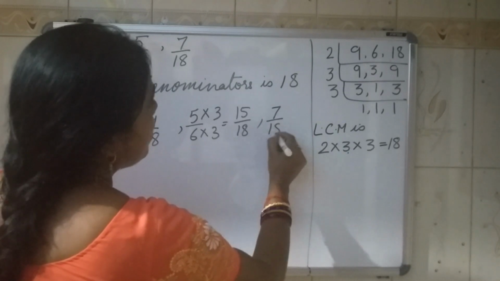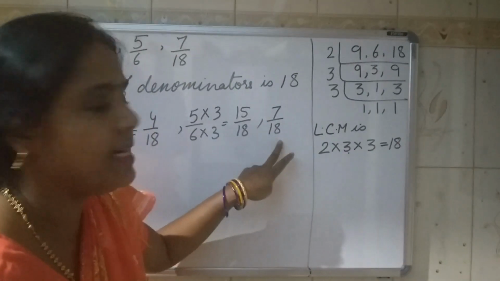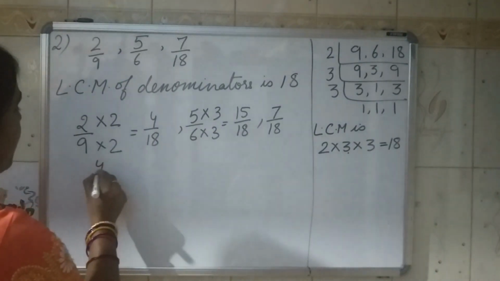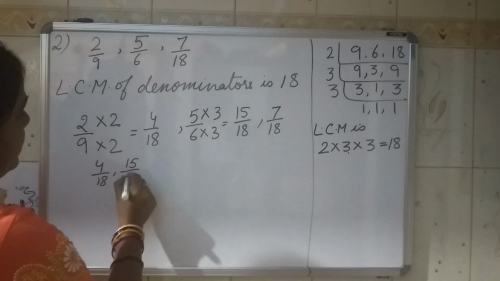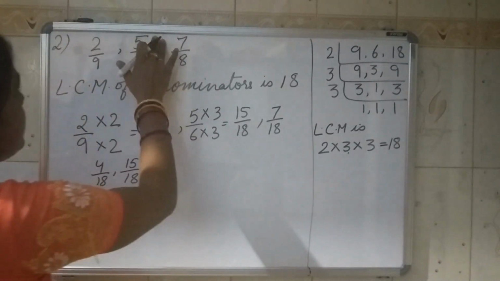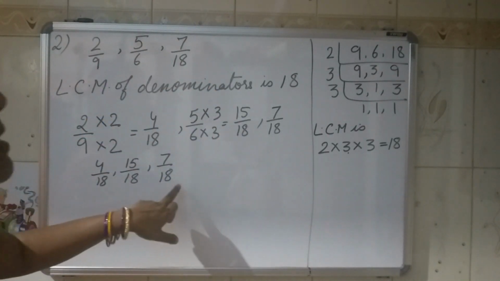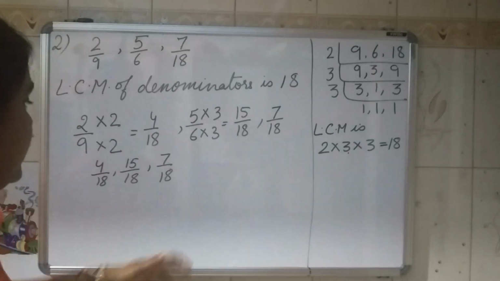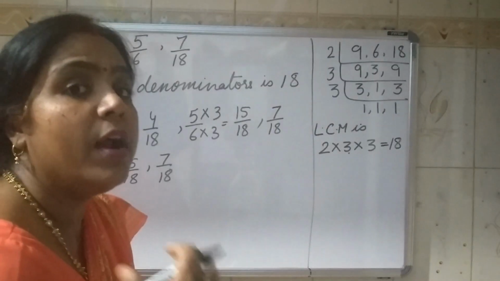Since it is already 18, we need not multiply by any number. So we can say that 4 upon 18, 15 upon 18 and 7 upon 18. Now these were unlike fractions and these are like fractions. After doing this we have to arrange into ascending order or descending order.